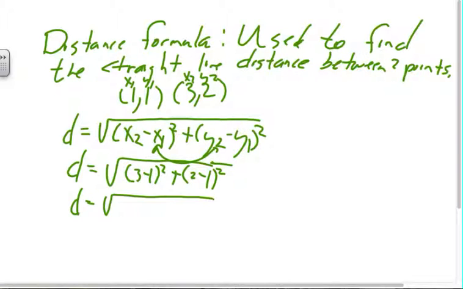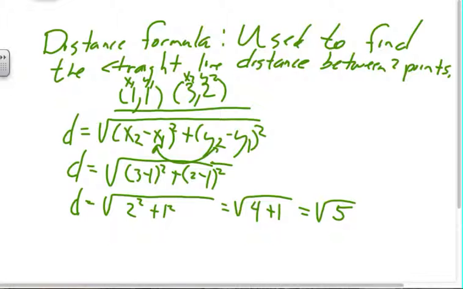This is going to be 2 squared plus 1 squared. It's going to be the square root of 4 plus 1, which will be the square root of 5. A little bit over 2. And that is the straight line distance between these 2 points.